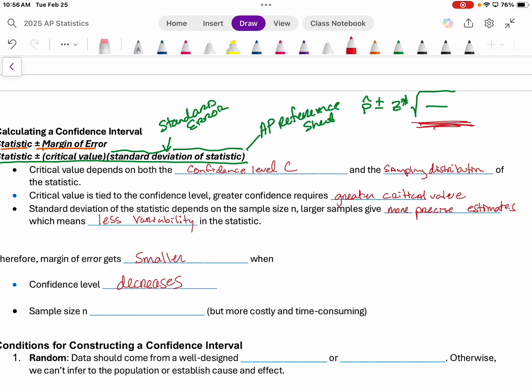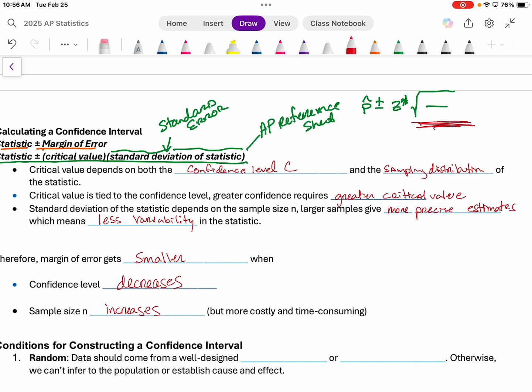Margin of error also gets smaller when the sample size increases. Now the challenge is, it's more costly and more time consuming to do bigger sample sizes. So that's why sometimes we can't do sample sizes of 1,000 every time, because it takes too much time. And so we work with the smaller numbers, but there's a price to pay.